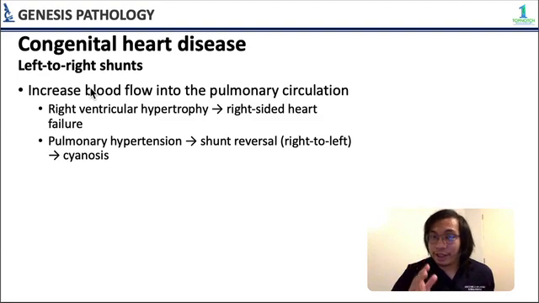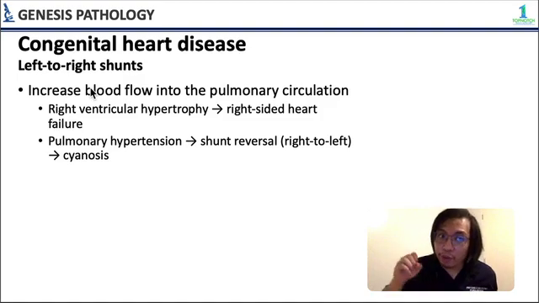Remember, we are just perfusing the lungs, no? Unlike our systemic circulation, usually high pressure, higher resistance. In the lungs, we really don't need that kind of pressure and resistance. So the pulmonary circulation is usually low pressure and low resistance.